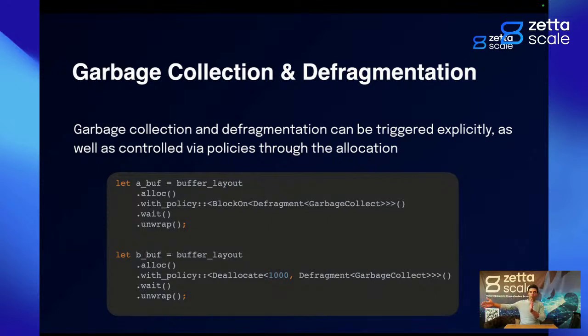Otherwise, do a full garbage collection and defragmentation. This is interesting because it allows you to bound the amount of time that you might spend, okay? And you could even bound, right? I want to fail if you cannot find a slot that suits me in the first 100 slots, okay? So there are lots of policies. Just look at the documentation, but the system is super powerful.